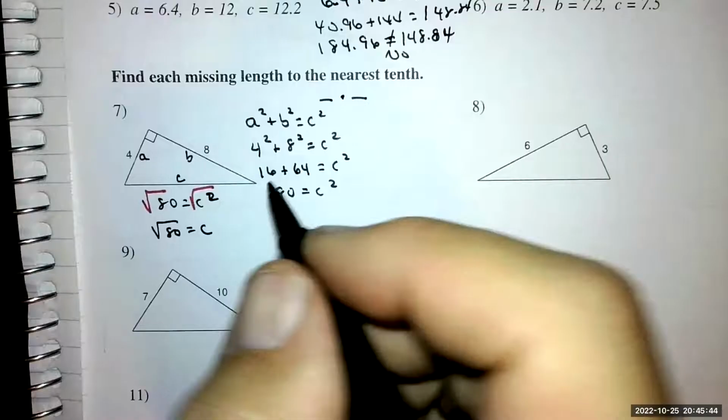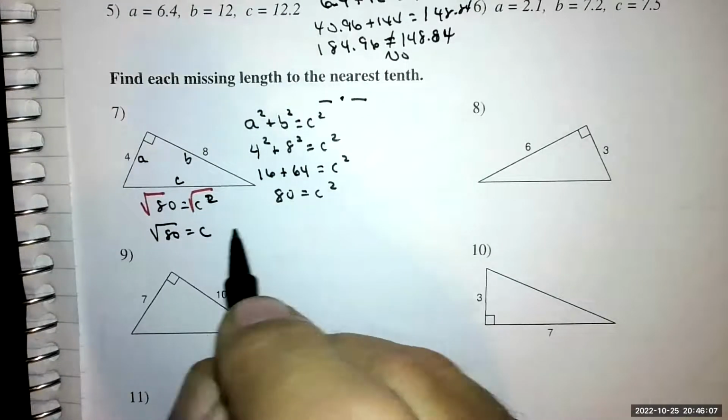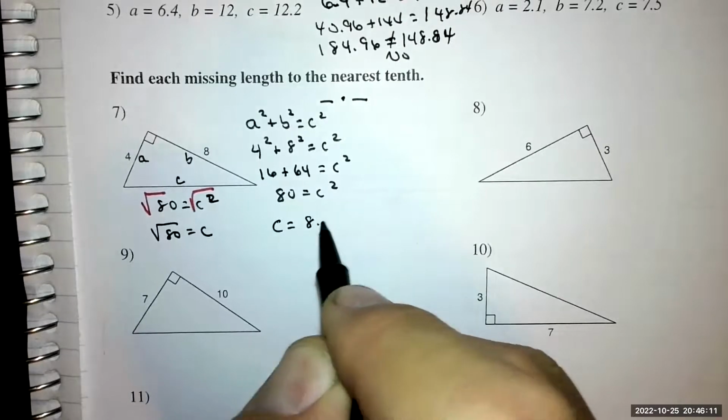Now, you can put this on a calculator. You actually take your calculator, and like I said, every calculator is different. So you're more than welcome to use one in the room. But I'm going to take the square root. Okay, hang on, I'm just making sure my calculator works. So I'm going to put the square root of 80 in there. And I get c equals 8.94.